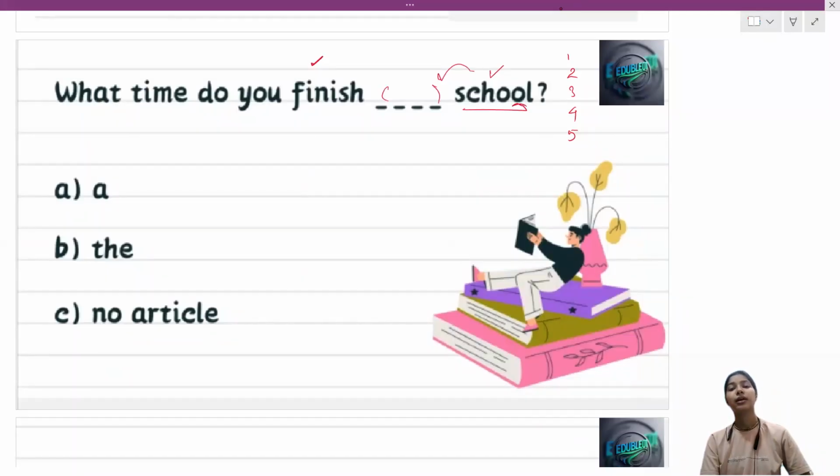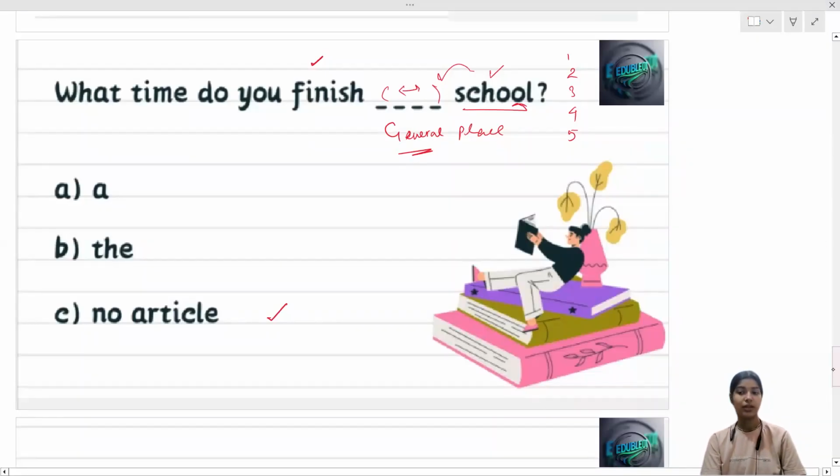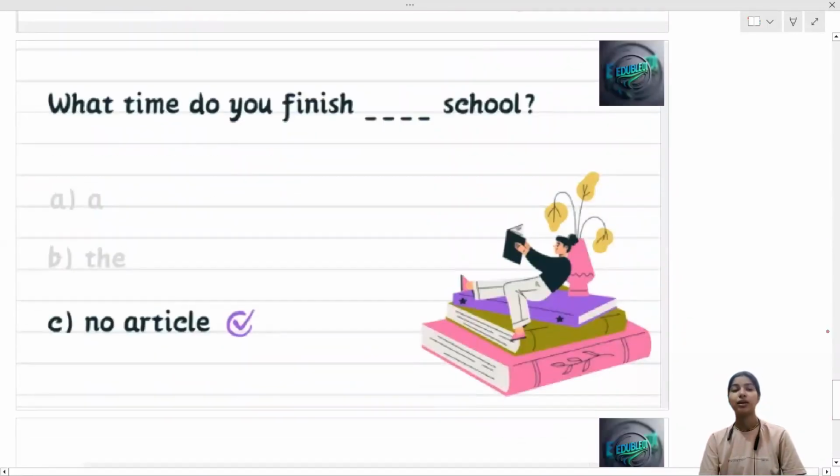School is a common place, a general place, and not specific. So we are not going to use any article here. We're just going to leave it like this. What time do you finish school? That's a complete and meaningful sentence in itself. Therefore, we are going to use no article.